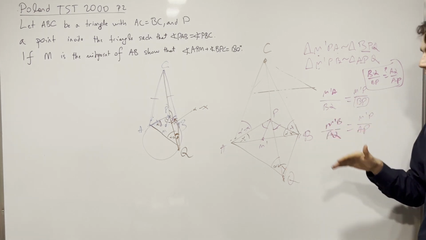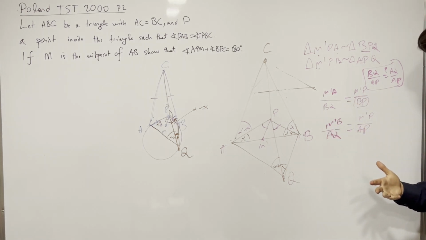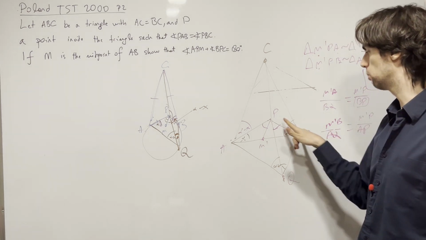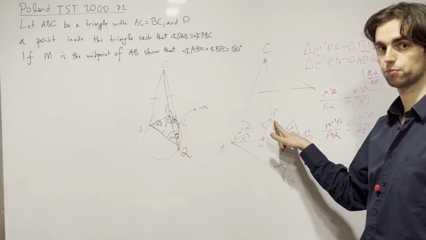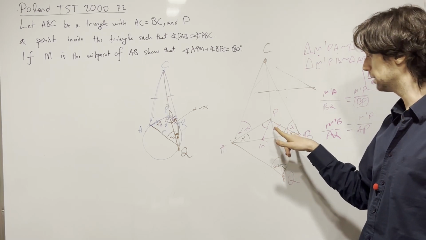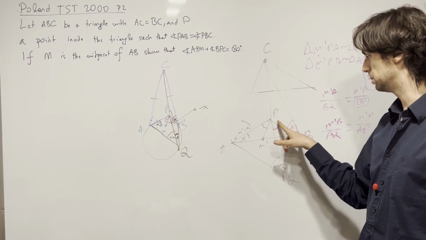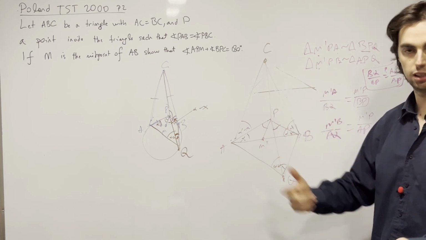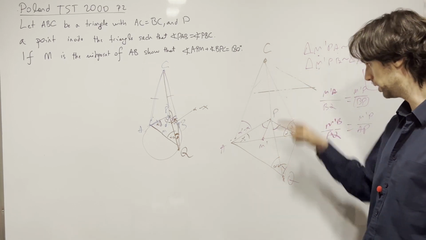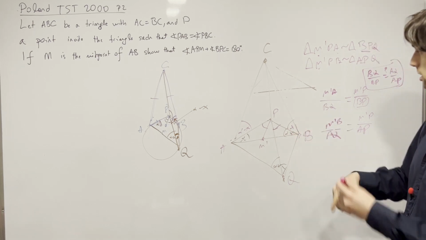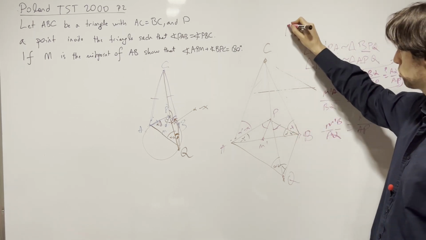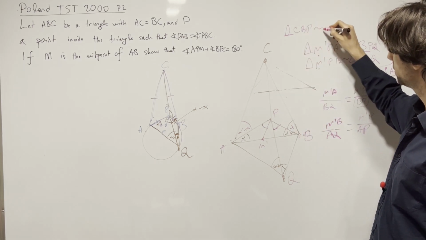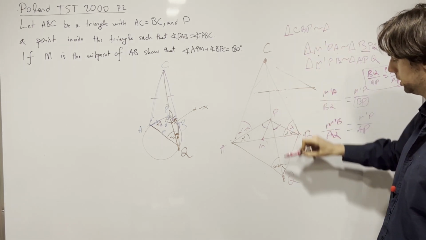Now let's go at the problem forwards. Do I have this? Where do I get BQ over BP? I get it in the similarity that gives me the tangency condition. The similarity really is that the triangle CBP is similar to the triangle CQB.